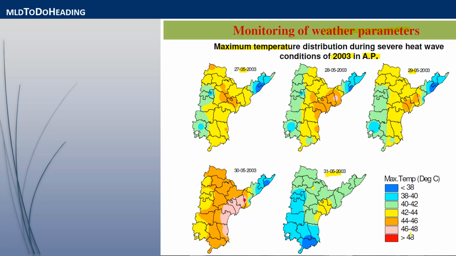The red zone is where the temperature is above 48 degrees Celsius, the yellow zone represents temperatures between 42 and 44 degrees Celsius, whereas temperatures less than 38 degrees Celsius are represented by the blue and sky blue zones. So with the help of geospatial technology, we constructed a heat map which represents various areas and clusters them on the basis of temperature.